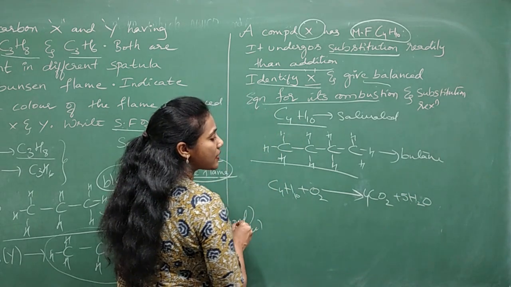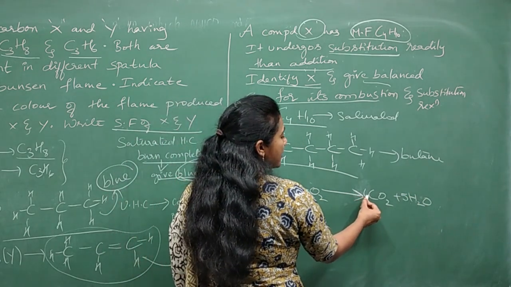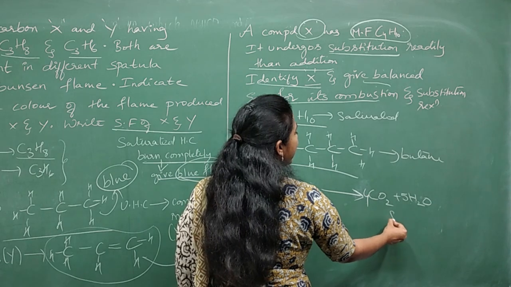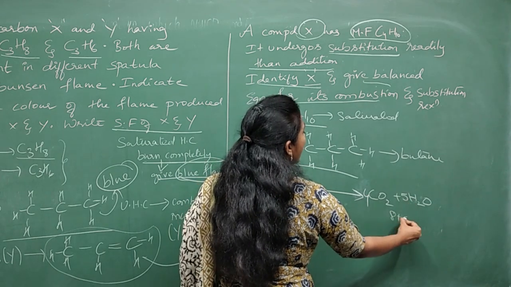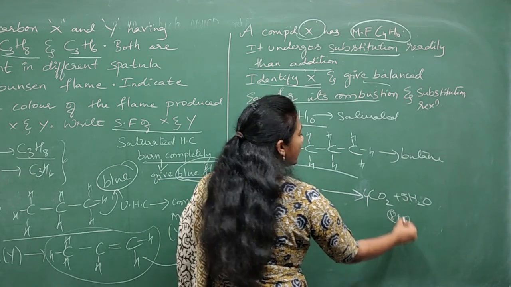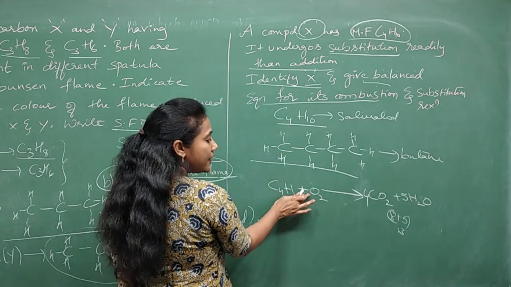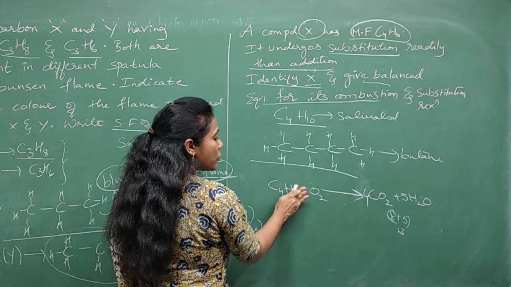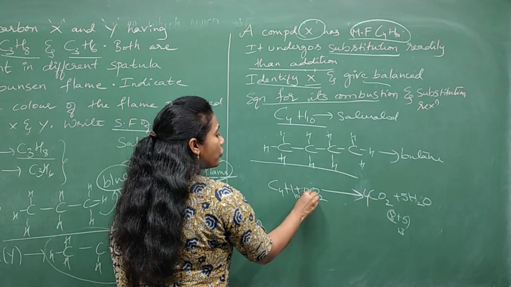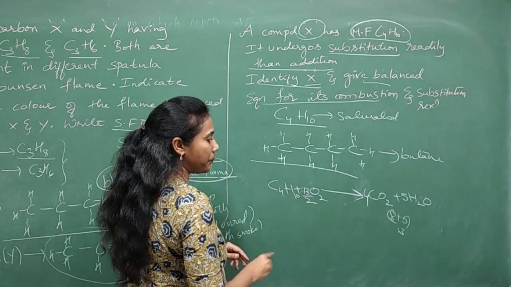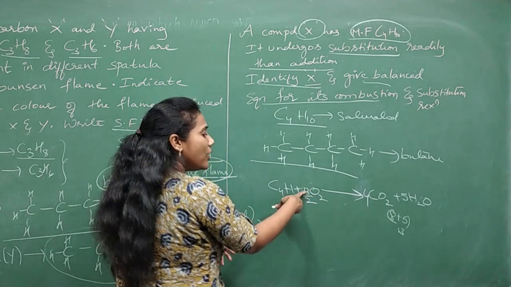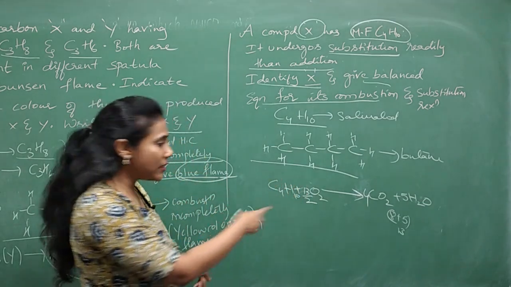Okay, now balance oxygen atoms. How many oxygen atoms this side? 4 2s are 8, 8 plus 5, altogether 13 oxygen atoms are there. This side you have to show 13 oxygen atoms, no? So how do you show 13 by 2? You can write 13 by 2. You are not supposed to put the fraction there.